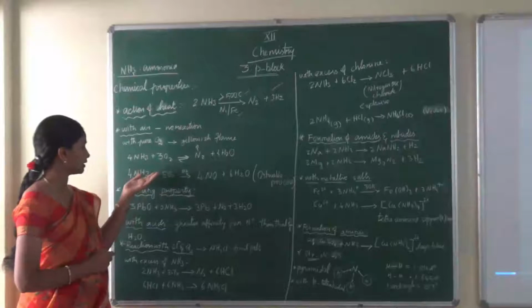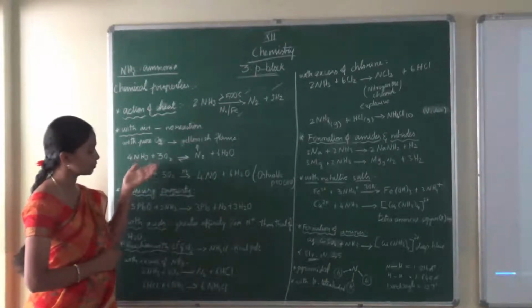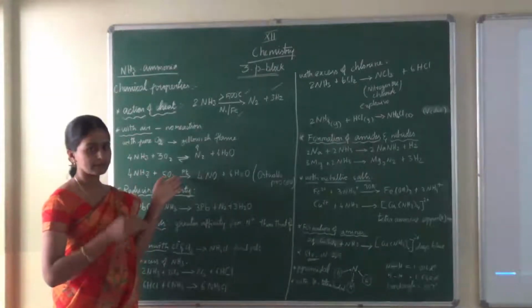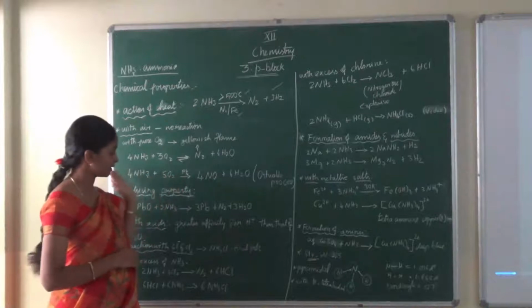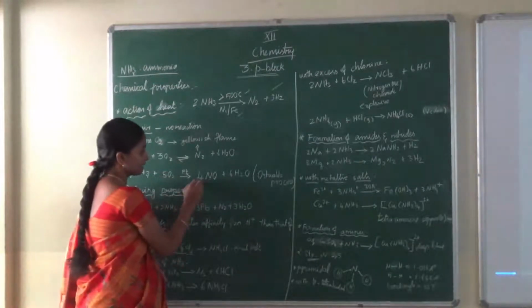The next one: when this ammonia is heated in the presence of oxygen, the same reaction, but here we are taking platinum as a catalyst, we will get nitric oxide.